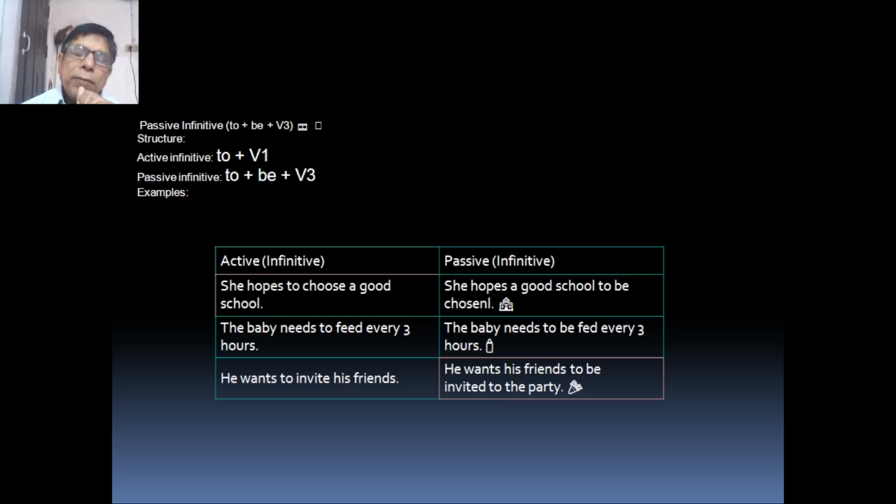We can have passive forms of verb forms, and verb forms are of two types. Those that are being used in tense are called finite verb forms, and those that are not in tense are called infinite or non-finite forms.